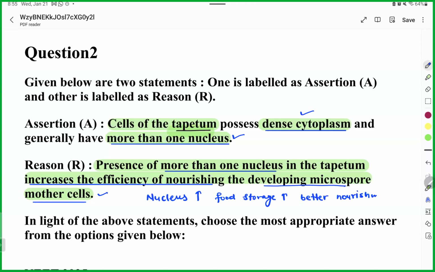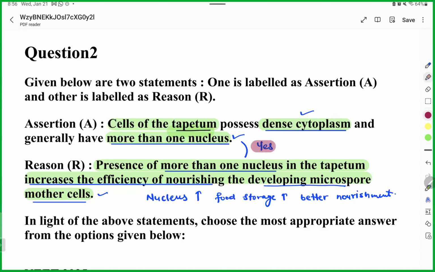Any doubt, Chandana? No, sir. Does the reason explain why there is more than one nucleus? Yes, it explains why.